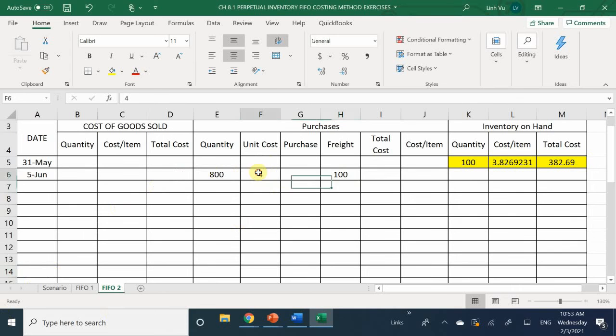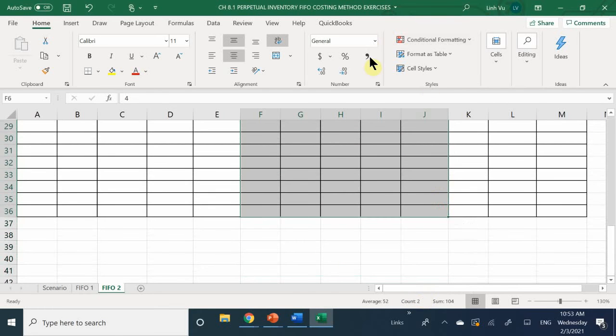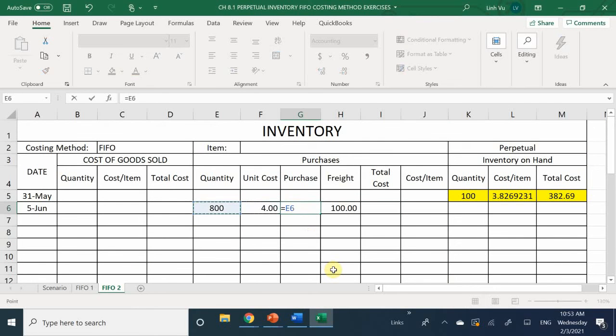I'm going to go ahead and format this real quick, and tell me what is my total purchase price. $3,200. Try again. 3,200. Oh sorry, 32,000. Okay, I got it. Sorry.